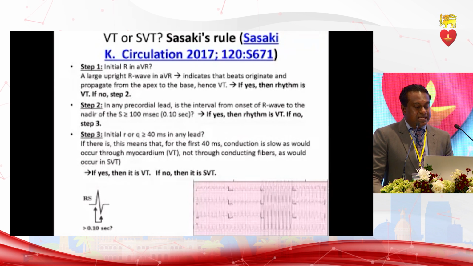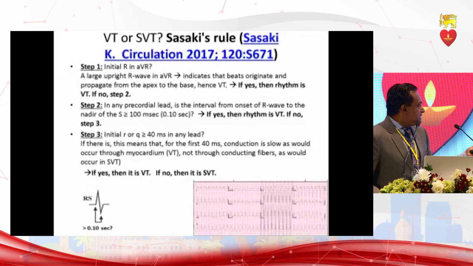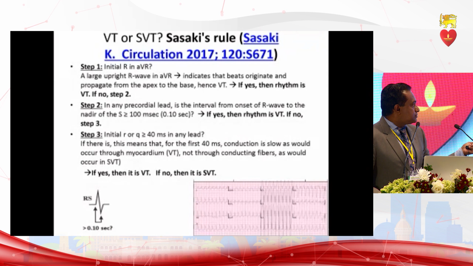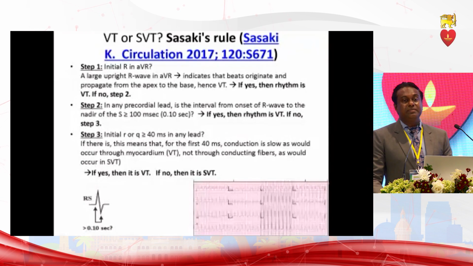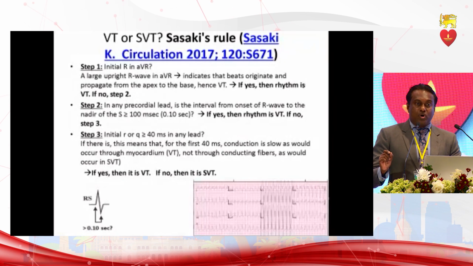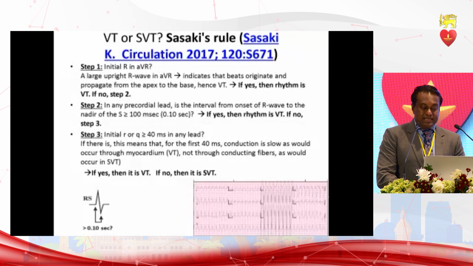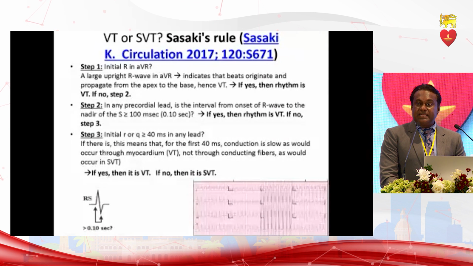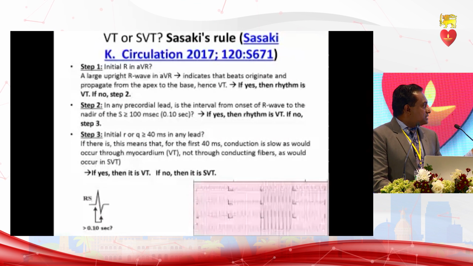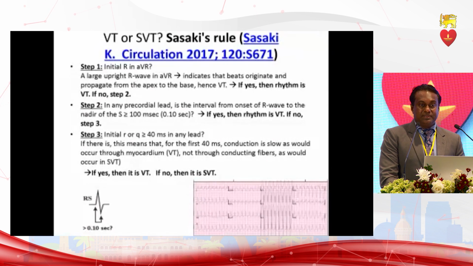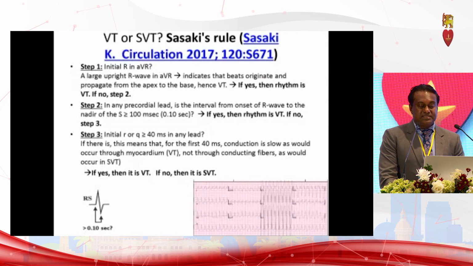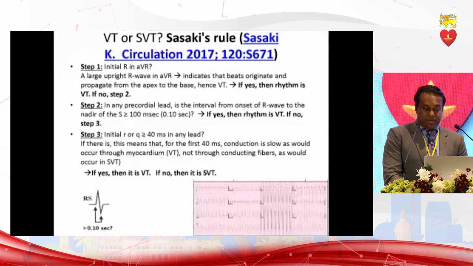The third step is whether the initial R or the small r or the small q is more than 40 milliseconds, that is 1 small square or more. Again, same principle: slower conduction across the myocardium right at the onset. That is what Sasaki showed.